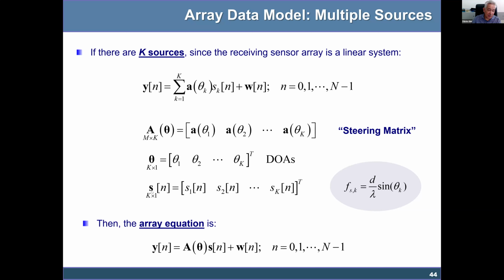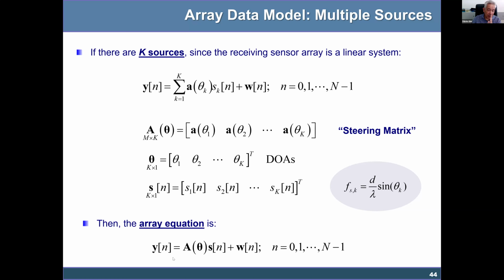So the size of S is equal to the number of targets. So at the end, the array equation in the presence of k sources can be expressed in compact matrix notation this way. So Y is m-dimensional. Matrix A is m by k. S is k-dimensional. W is m-dimensional.